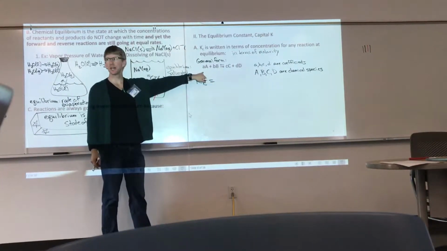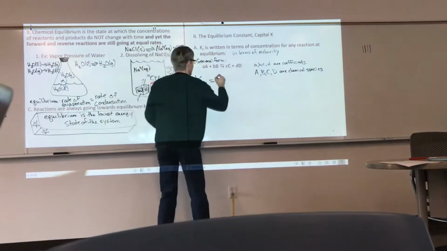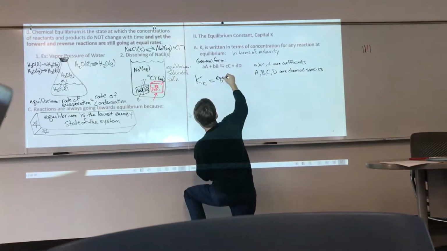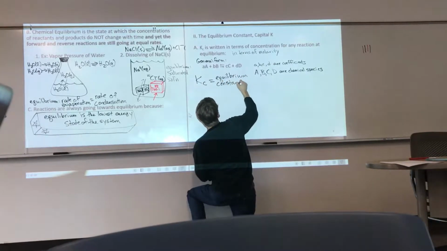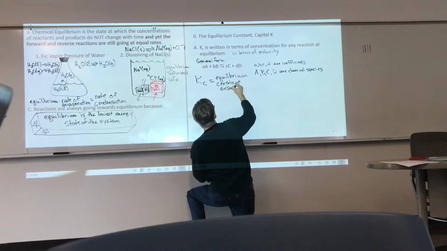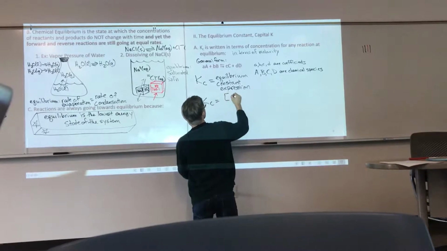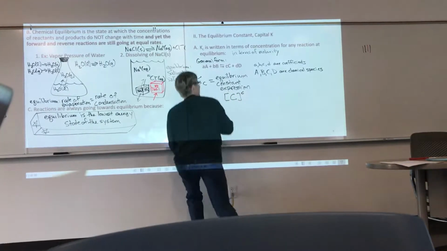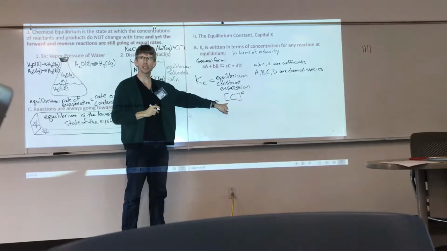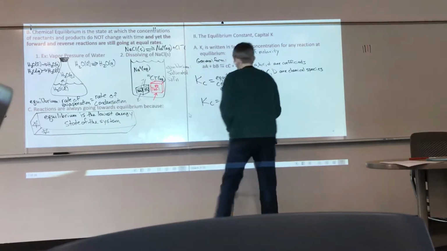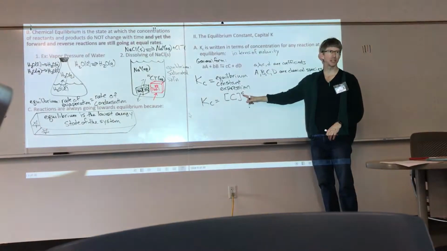For this general form of the reaction, the equilibrium constant expression will have the concentration of C, where square brackets still mean concentration, raised to the exponent of the coefficient. So this little c right here is the coefficient.